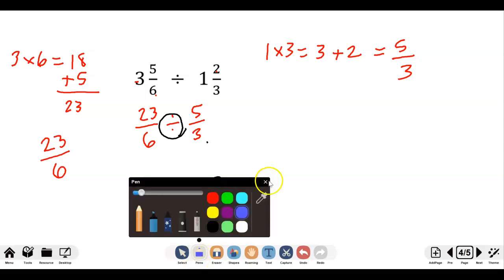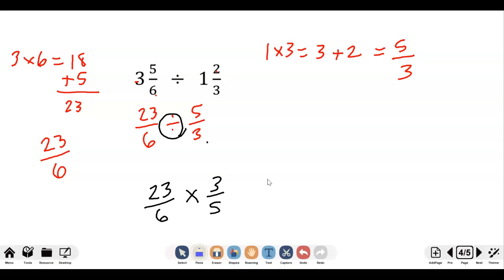And I need to extend my line between the numerator and the denominator. Looking at the numerator, I've got 23 and 3. And 3 and 23 are both prime numbers. So 23 times 3 on top.